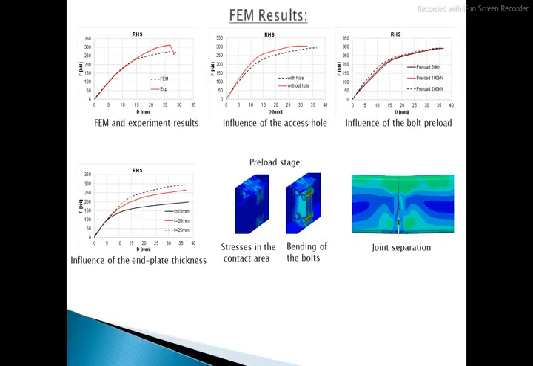An important phenomenon shown by the model is the non-uniform distribution of the pressure between the RHS profiles as well as the bending in the bolts already developed in the preload stage, as we can see in the middle bottom two pictures. Besides the stress distribution, the rigidity and the maximum capacity of the assembly, the separation of the two RHS profiles is of interest due to aesthetic considerations, as the connection should never separate, to keep the continuous aspect of the element. As I said, the flowing shape.